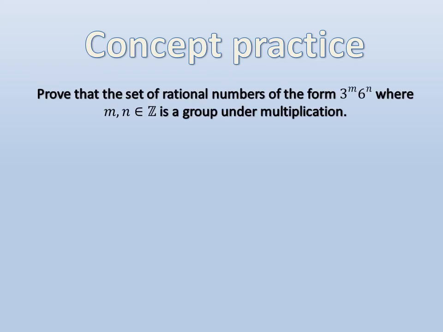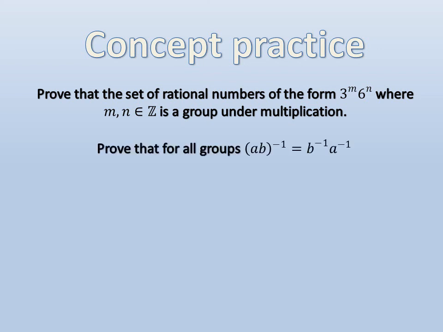Before moving on to the next video, try practicing the concepts with the following questions. Prove that the set of rational numbers of the form 3 to the m times 6 to the n, where m and n are integers, is a group under multiplication.